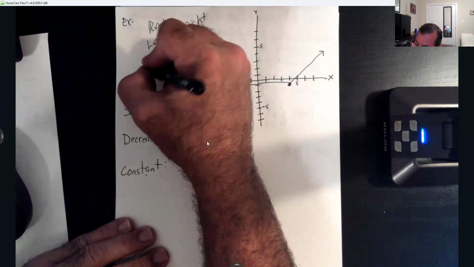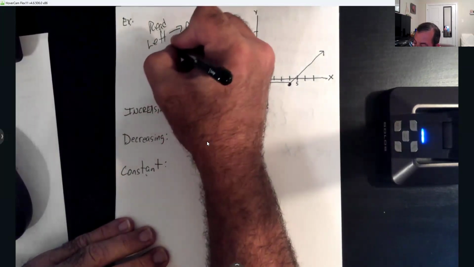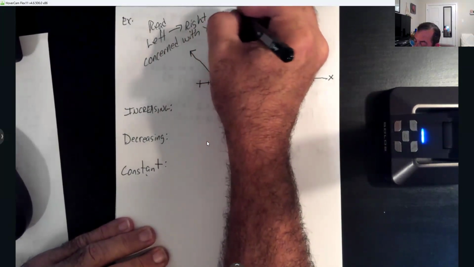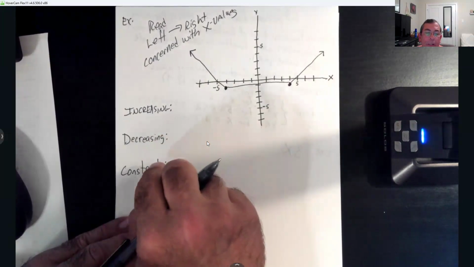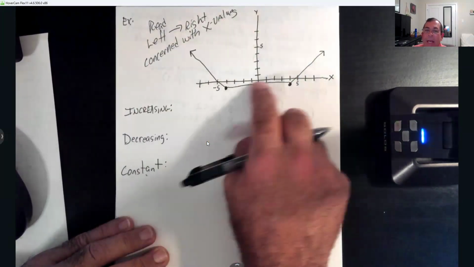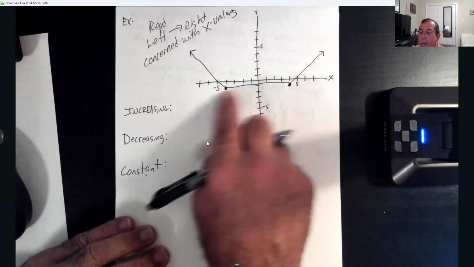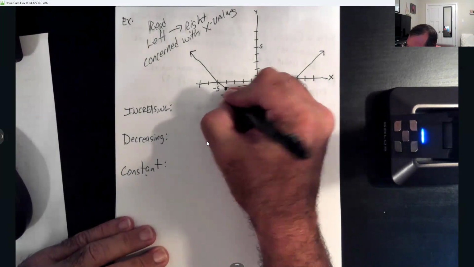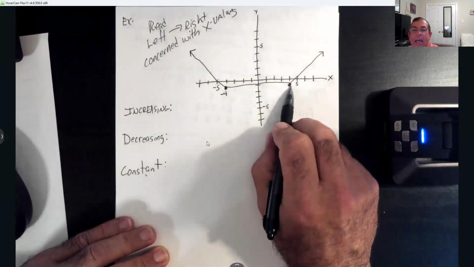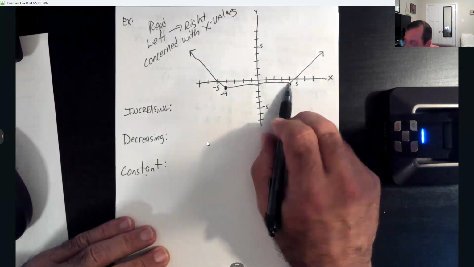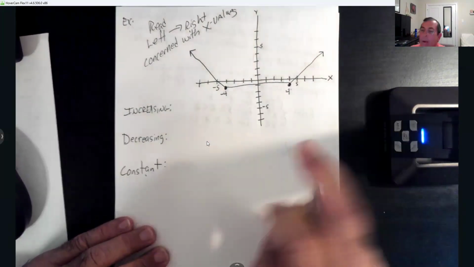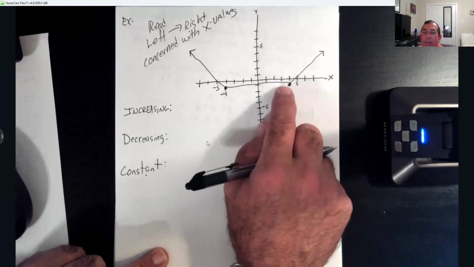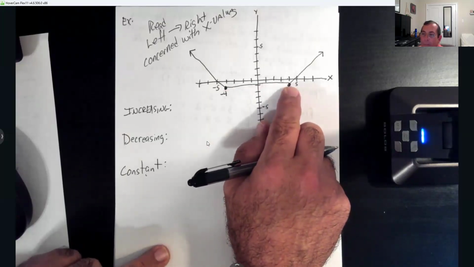And we're only concerned with x values. When we're looking at increasing, decreasing, and constant, it's only the x values that it's happening at, not the y values, okay? So this x value right here is negative 4. This x value right here is at a positive 4. So those are the x values where my graph changes.